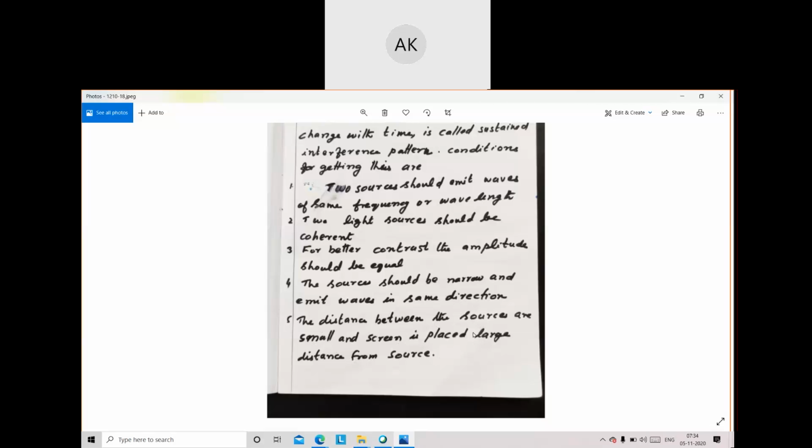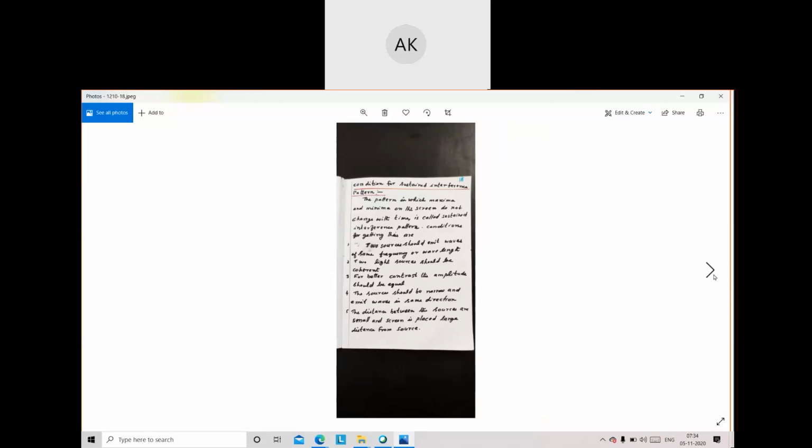Distance between two slits must be very small, only micrometers, but the distance between slit and screen is large, about 1 meter, 2 meters, like that. So these are the conditions for getting a sustained interference pattern.